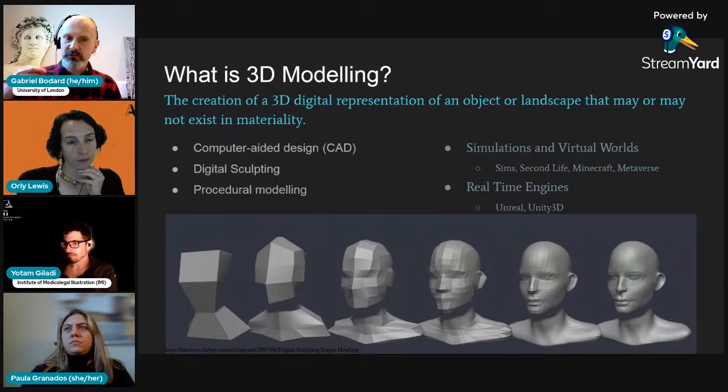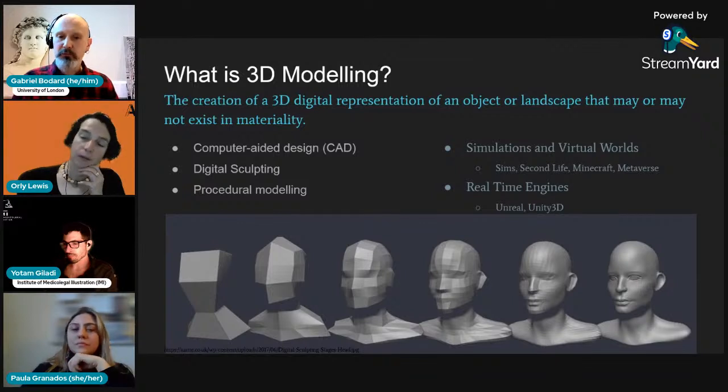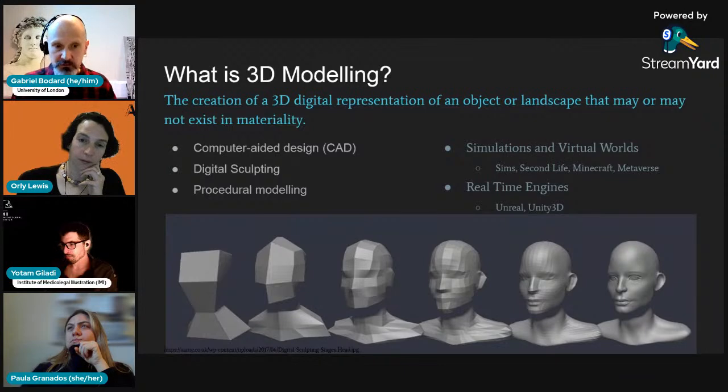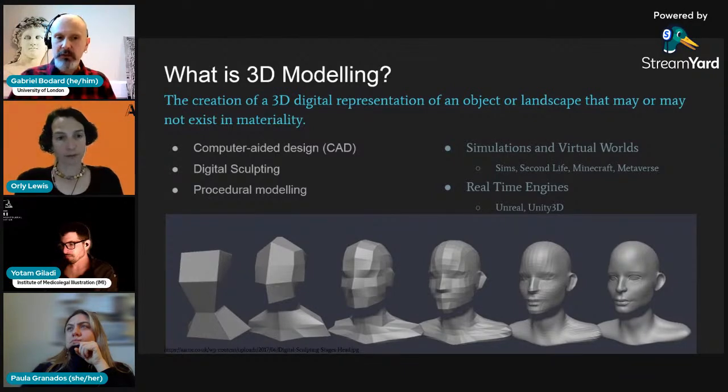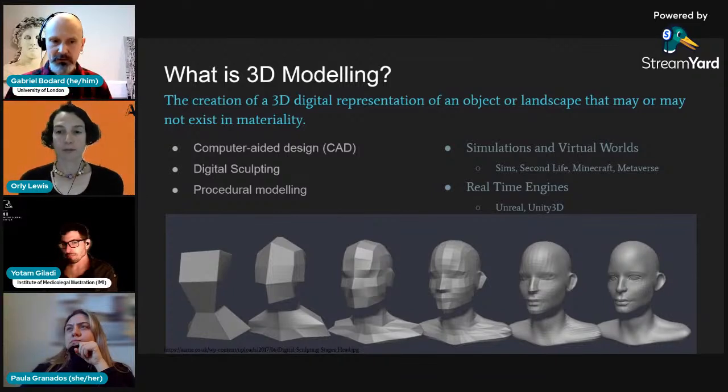There we see another kind of 3D modeling in various virtual worlds and simulations, games like The Sims and Minecraft, the Second Life environment, and the metaverse that's talked about a lot more than it's seen, I think. But all are examples of where you can build virtual worlds of various kinds. And then there are real-time engines and game engines that do their own kind of 3D modeling and visualization as well.